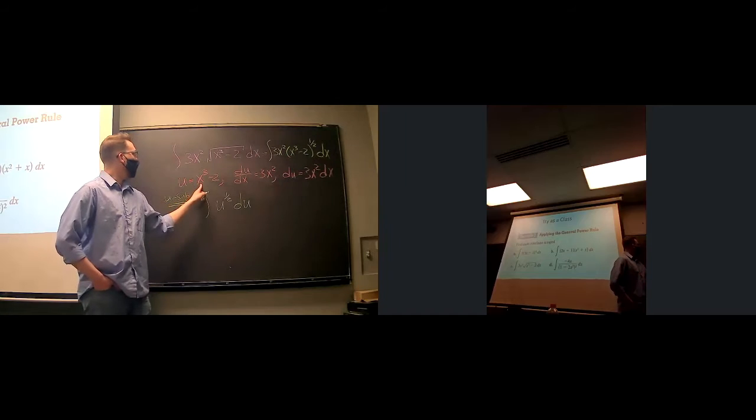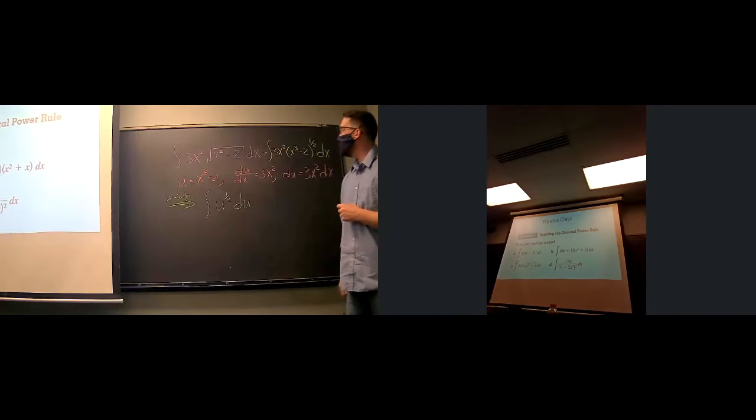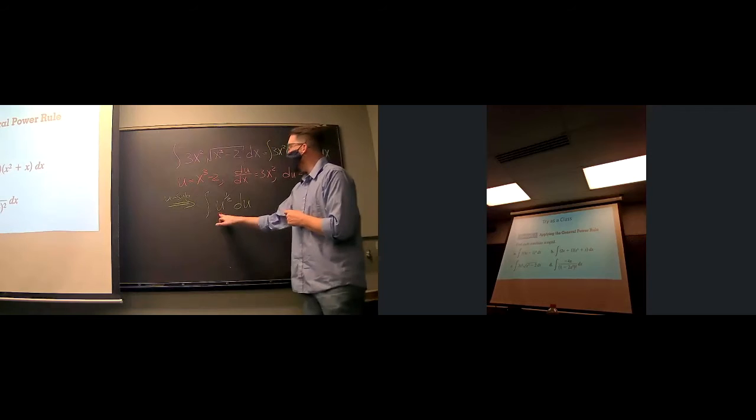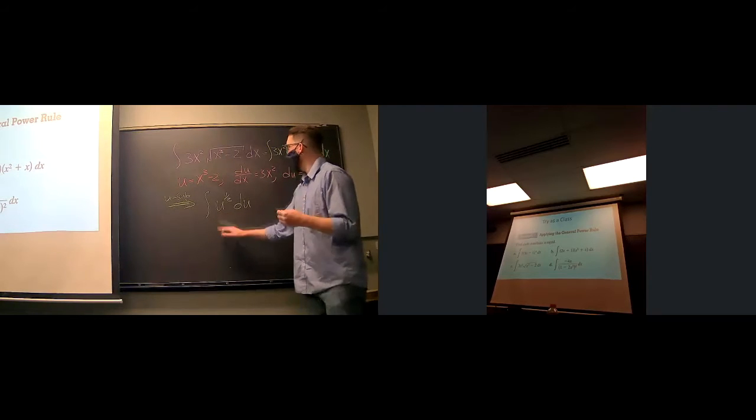All we're doing here is we're rewriting x cubed minus 2 as u, and then using that information to rewrite the rest of our integral. Make sense? So since what we get with u sub is u to the 1/2, we can integrate this using just a simple power rule, right?